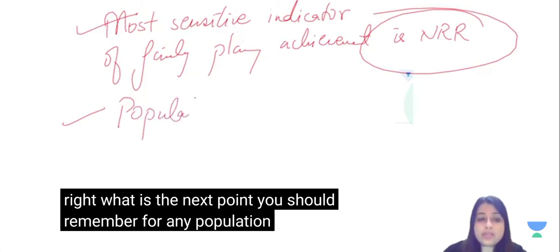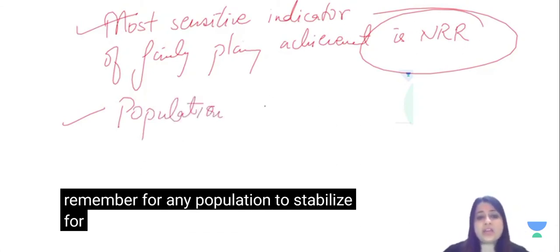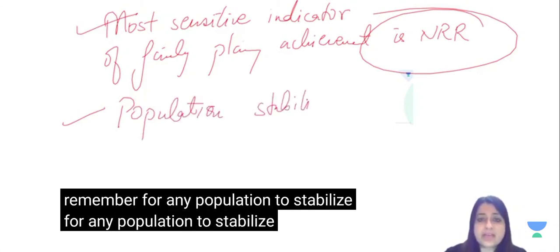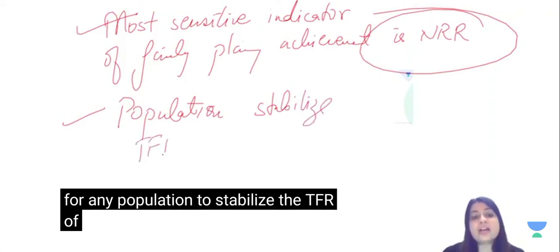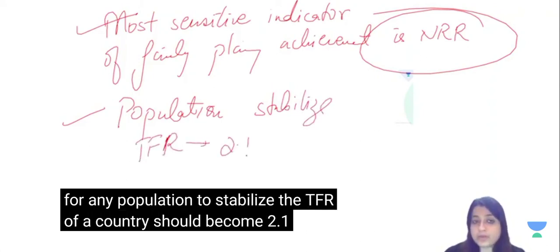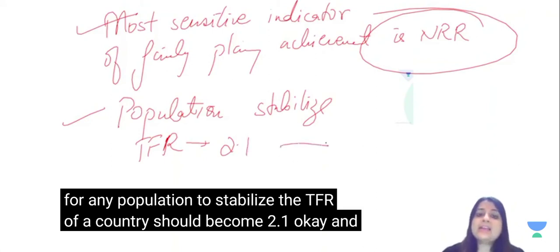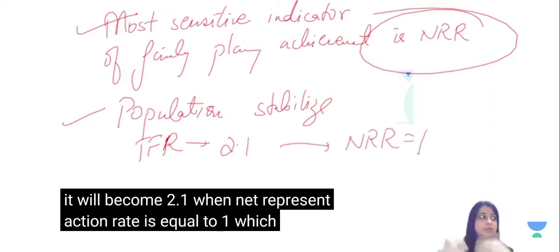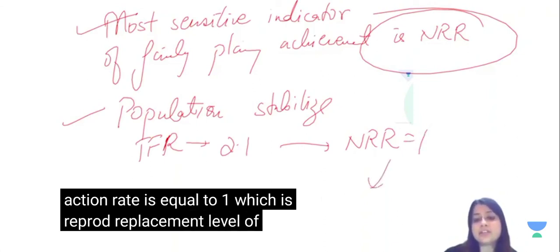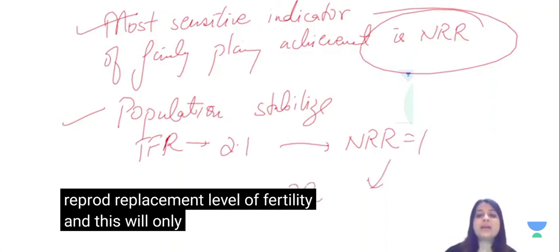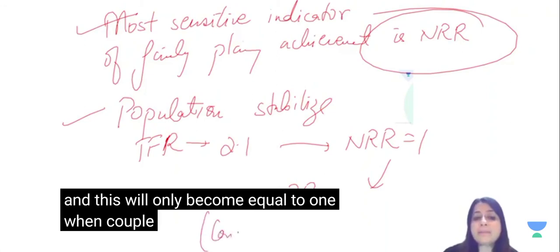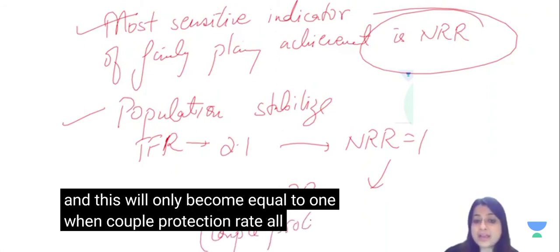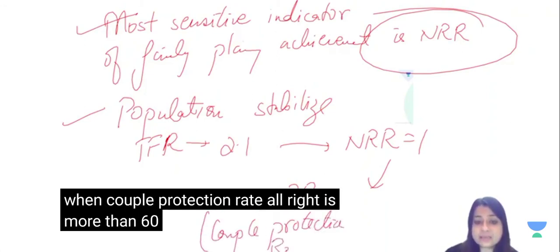What is the next point you should remember? For any population to stabilize, the TFR of a country should become 2.1. And it will become 2.1 when net reproduction rate is equal to 1, which is replacement level of fertility, and this will only become equal to 1 when couple protection rate is more than 60%.